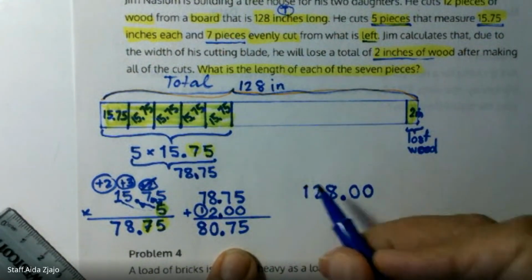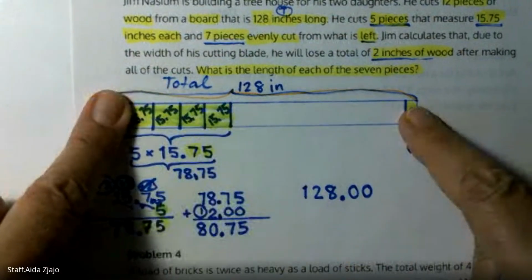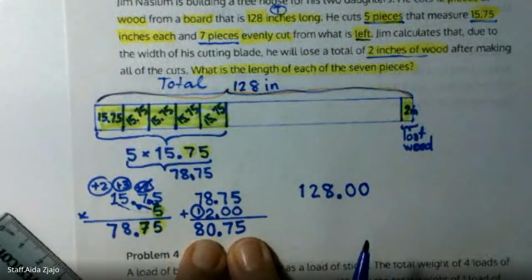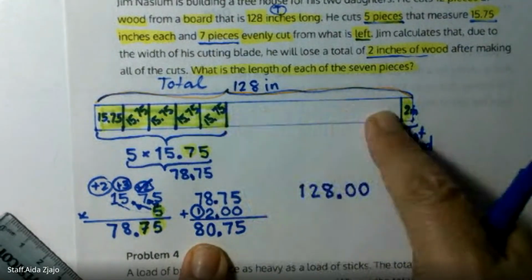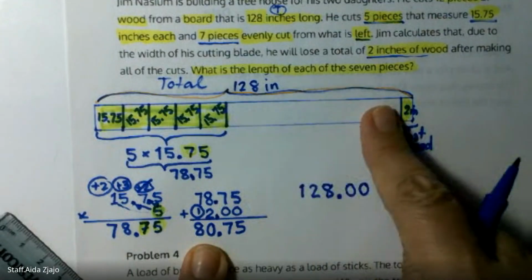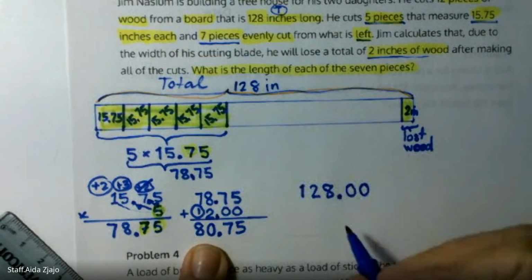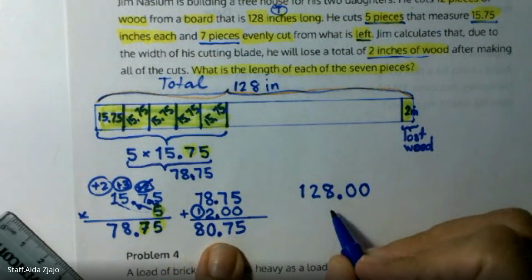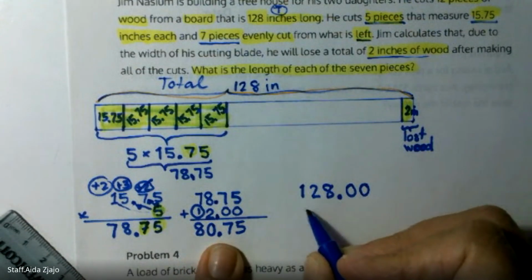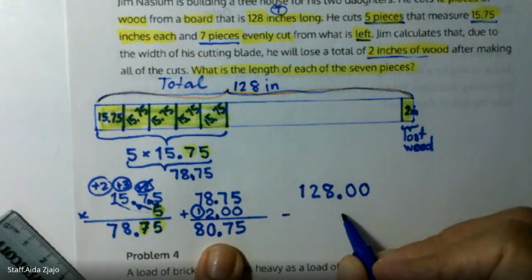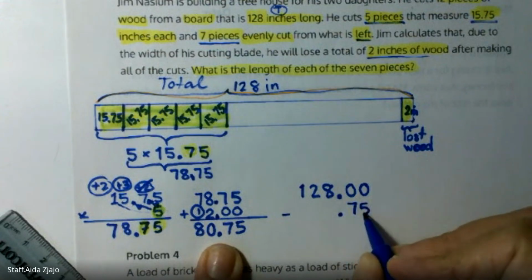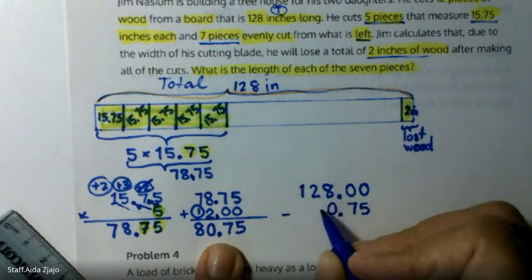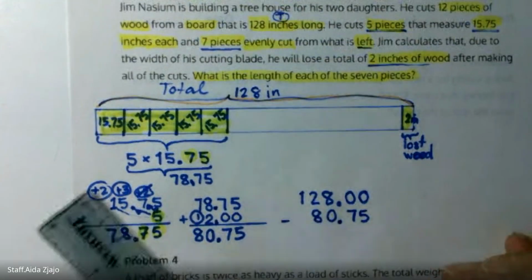And we need to subtract this part and this, which is 80 and 75, to get how much is left that needed to be cut in 7 pieces. So let's see now, minus, we're going to put the decimal first, 75 hundredths in 80 wholes.